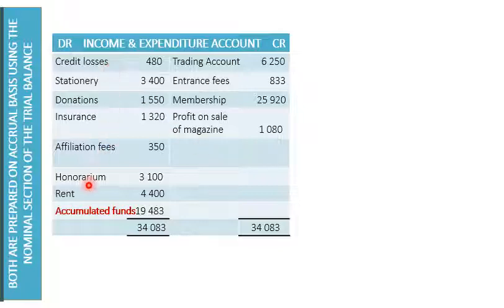For the expenses on the debit side, we have included the expenses that remain unpaid at the end of the financial period and excluded expenses that were paid in advance. And the account was balanced off by calculating the surplus that must be transferred to the account accumulated fund. The account can now be converted or translated into a statement as follows.